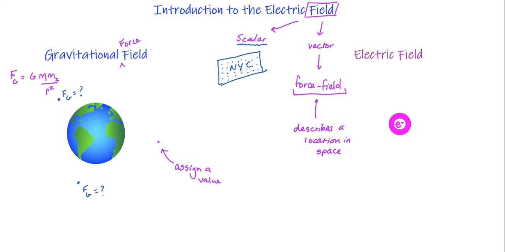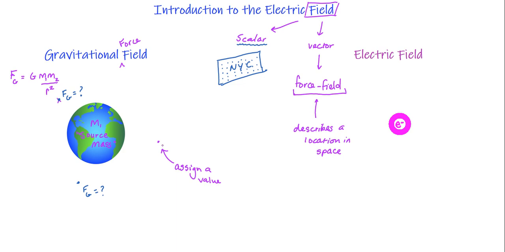Well, there's nothing at this location right here, so how am I going to describe it if I only have one mass, being the mass of the Earth? I'm going to call the mass of the Earth mass 1, as in my example, and give it a more serious name: source mass. We call it a source mass because it's the source of this particular gravitational field.